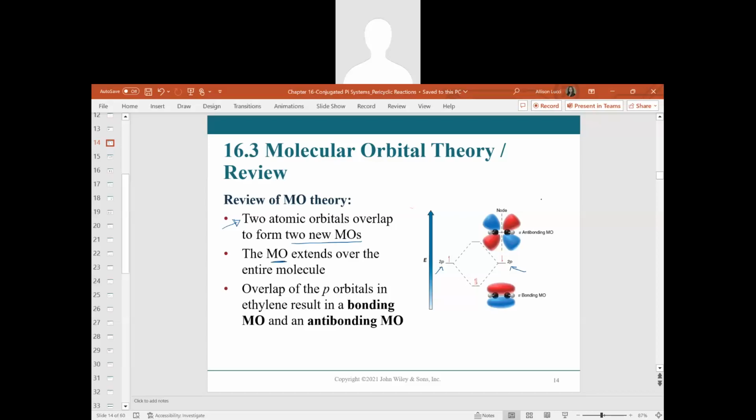So these overlap of p orbitals in ethylene, if we were specifically looking at ethylene, the 2p orbital, each electron here would overlap to form a bond, and we produce our lower energy pi bonding molecular orbital with these two 2p electrons that are overlapping.